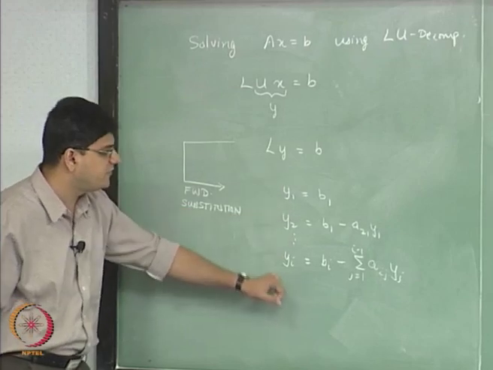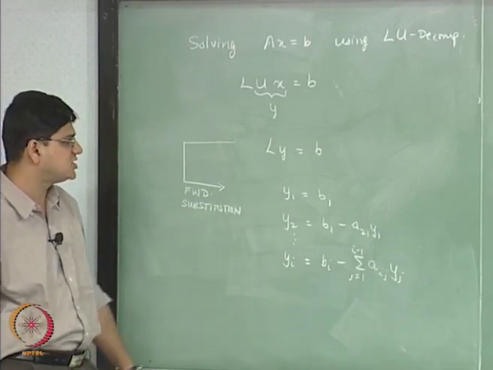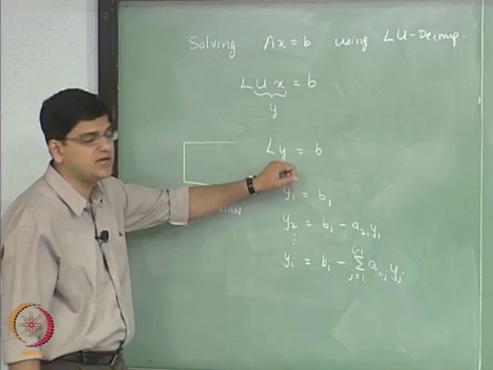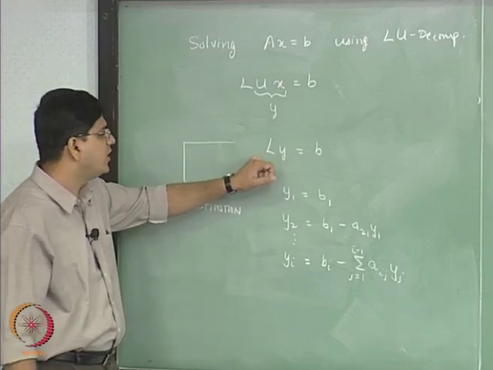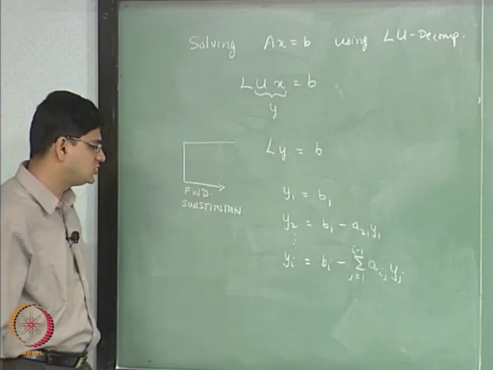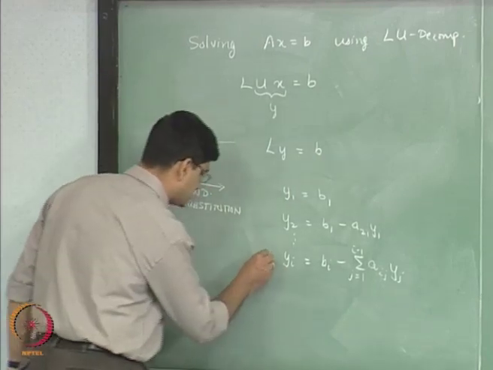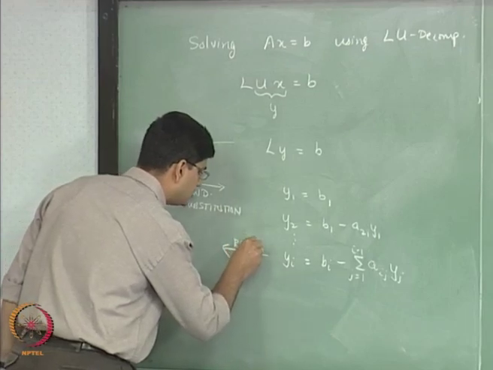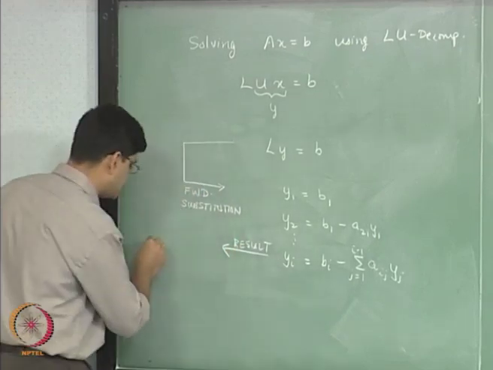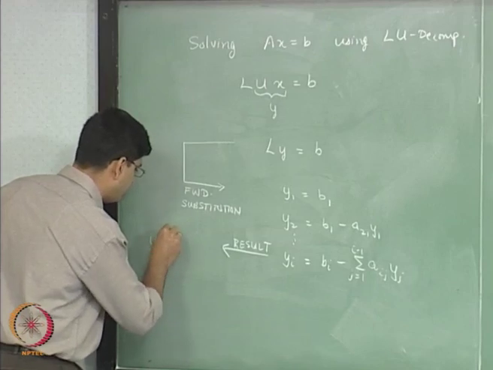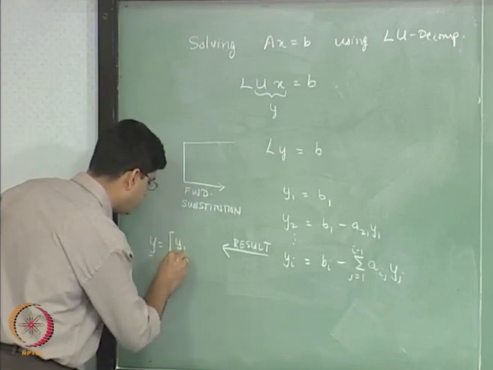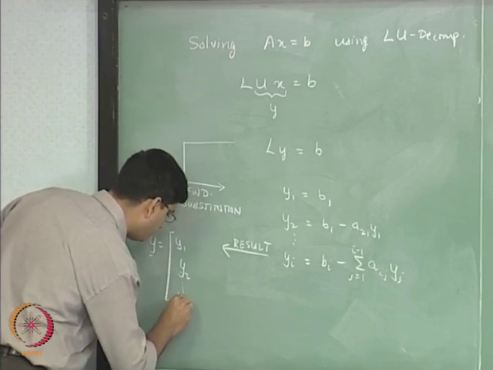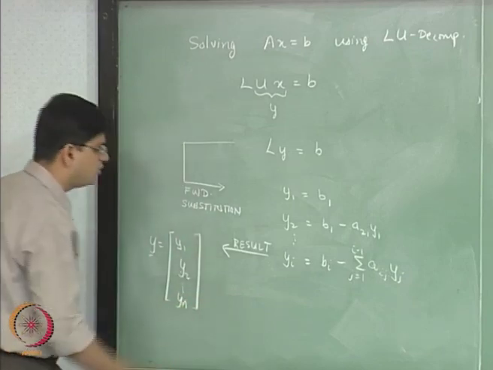So, this is what we will do in the forward substitution step. When we perform the forward substitution step, we will get the vector y. Okay. So, Ly equal to B we are solving in order to get y. So, the result of the forward substitution step is y bar equal to y1, y2 up to yn.